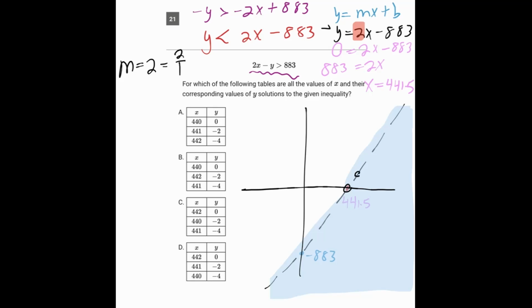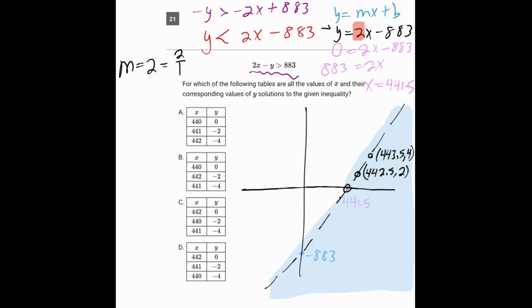And so this point right here would be 442.5, comma 2, because we went up by 2 and over by 1. And we can kind of keep doing this. We can go one more to the right, so 443.5, and up by 2 more, so 4 for the height there.